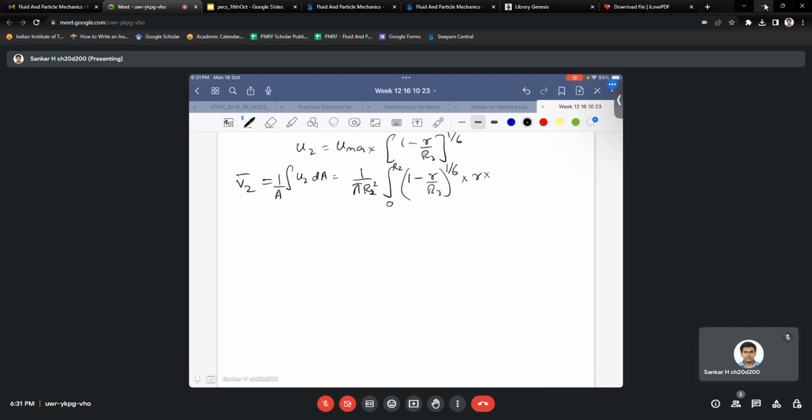Sorry, again dA has to be substituted for the differential area, which is 2 pi r dr.